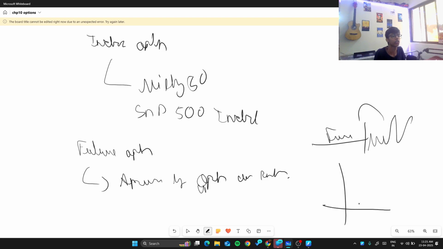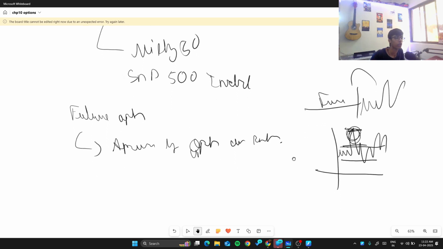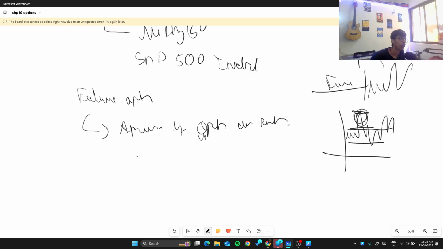Let's say we want our future price between these, and we have to neutralize our risk for up and down movement. So we will set the strike price of a future price.